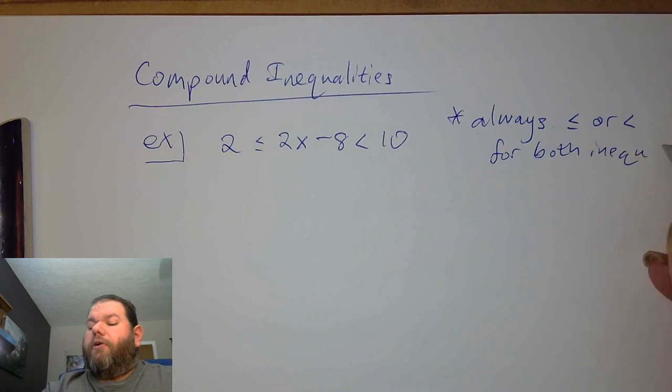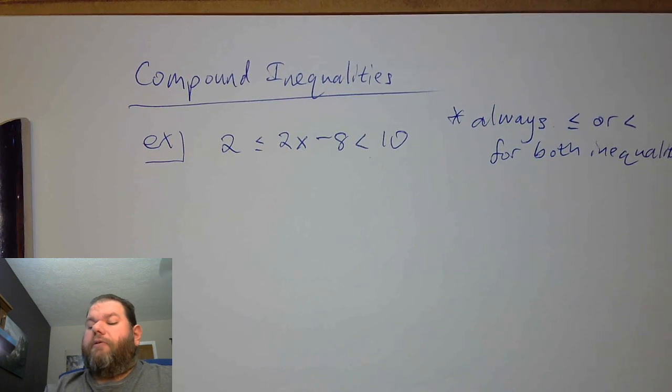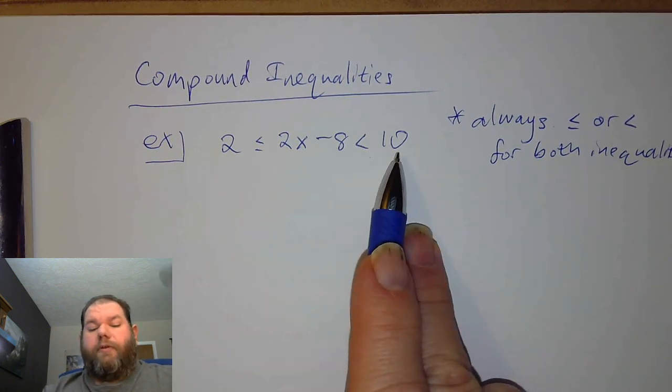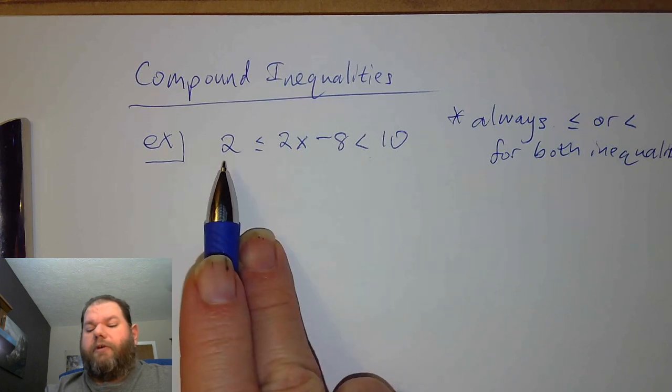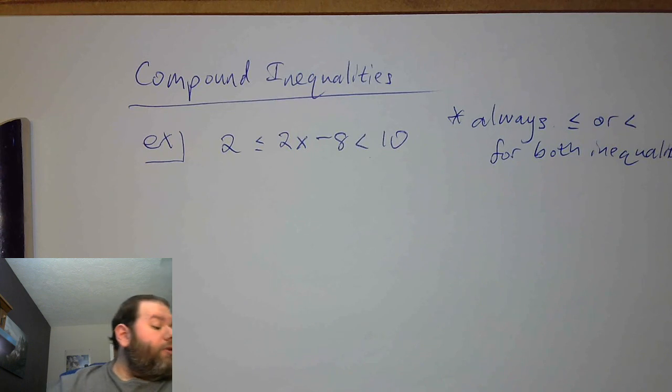And the reason that we always use less than or equal to is because this number is presumptively smaller than this number. So we maintain that difference between them.